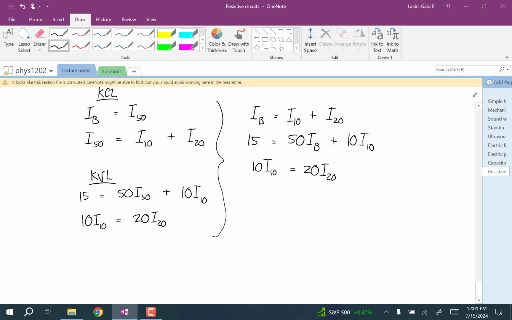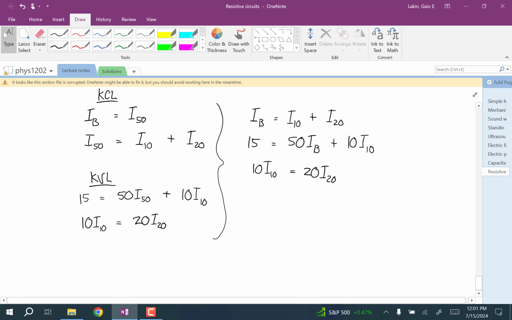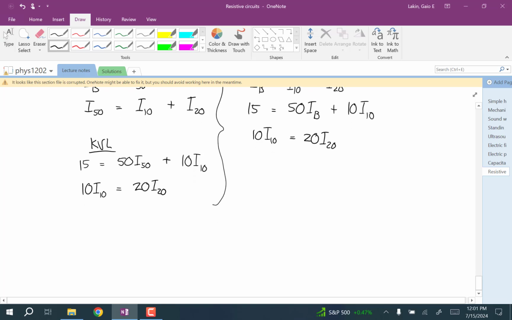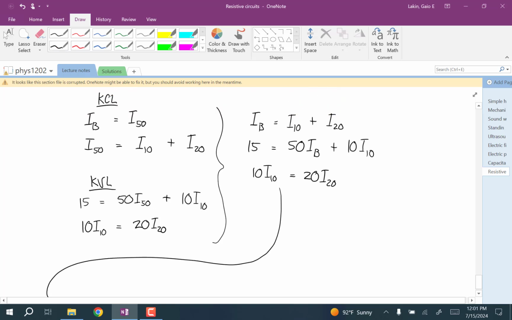Okay, now I'm going to substitute I10 is equal to 2 I20. So I'm going to take this system and rewrite it again down here.